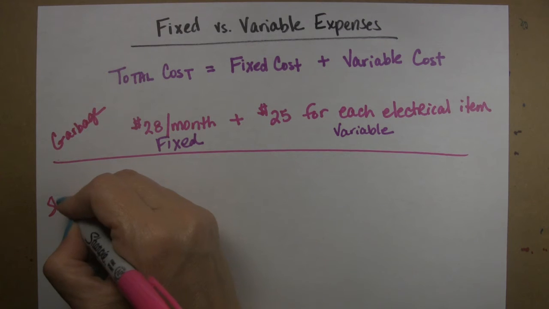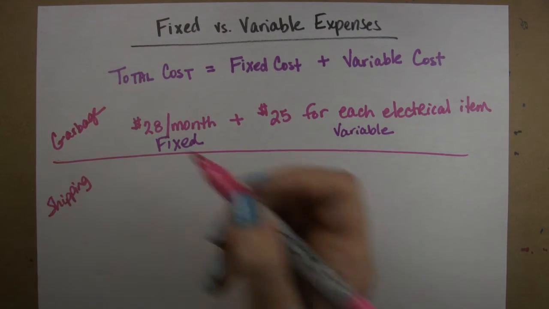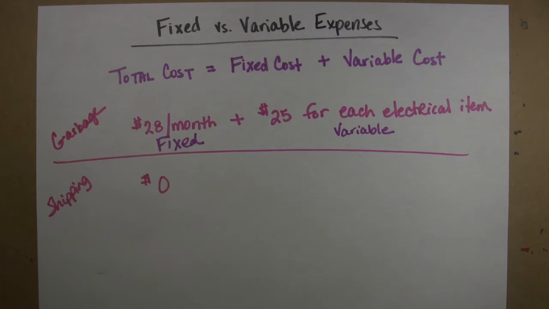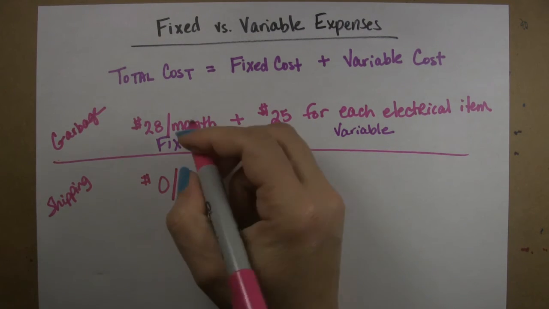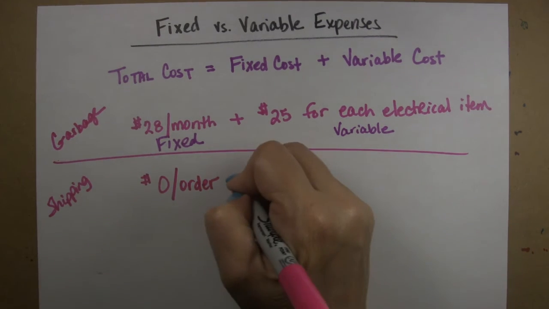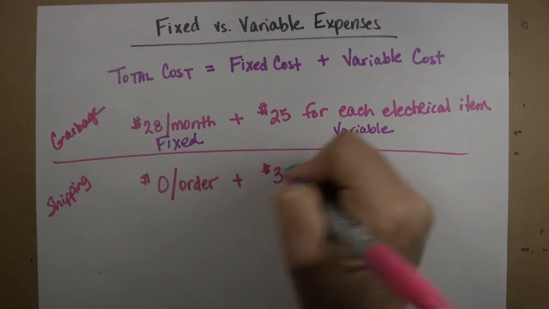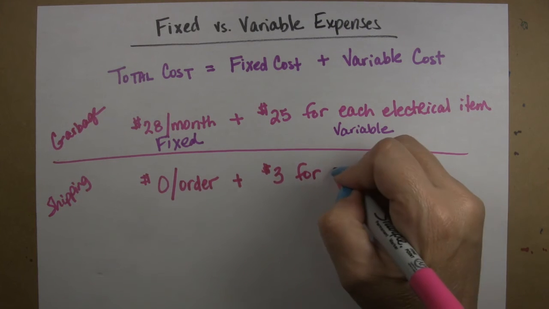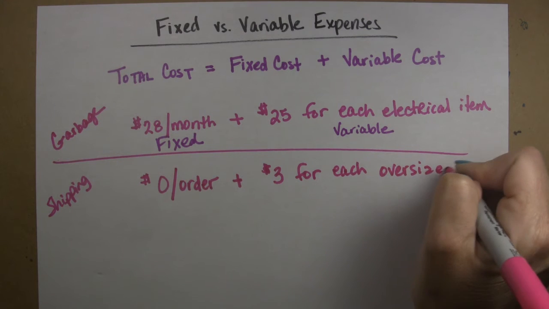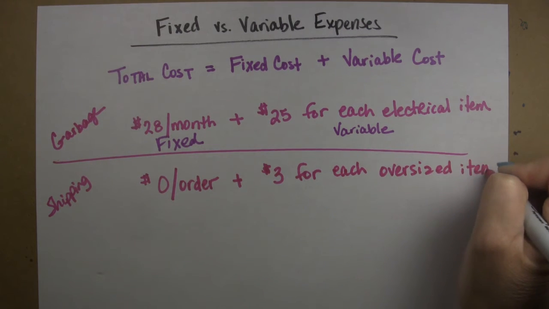Okay, let me give you a shipping example. This is a true story. They said $0 for shipping. $0 per order. So free shipping. Plus $3 for every oversized item. And of course, they get to decide what the oversized item is.